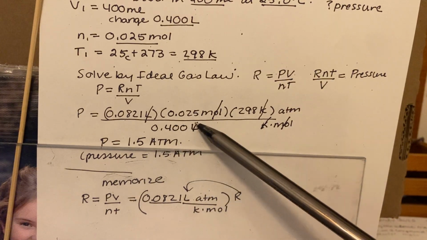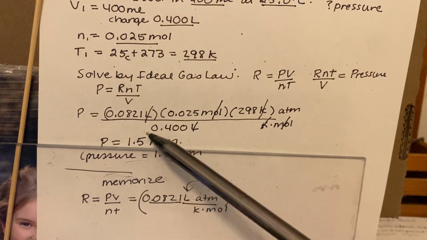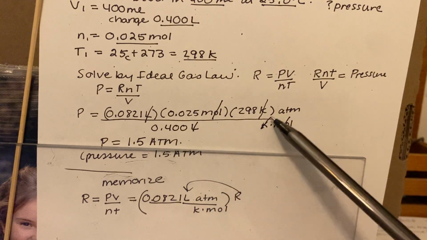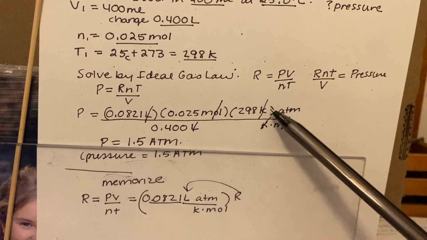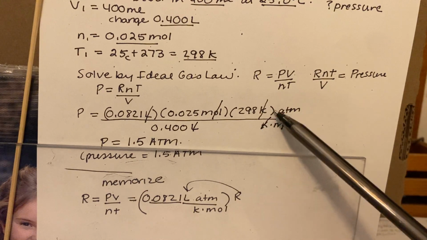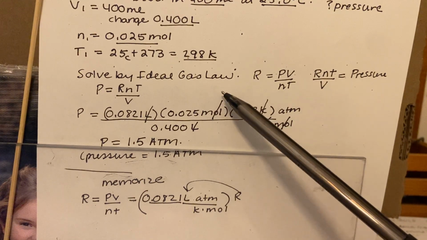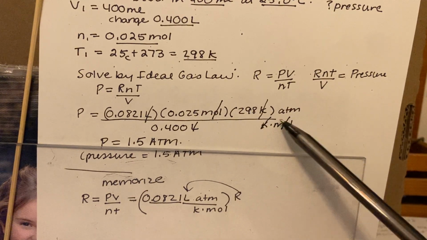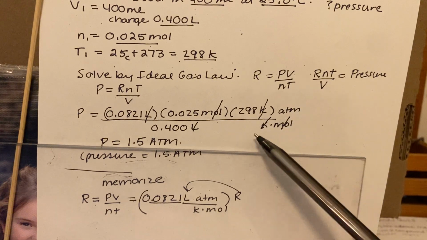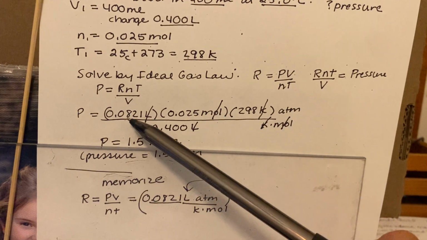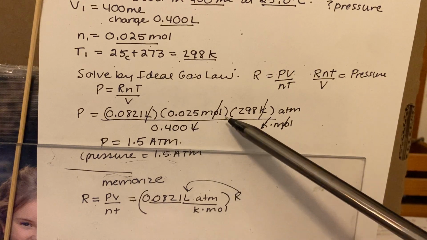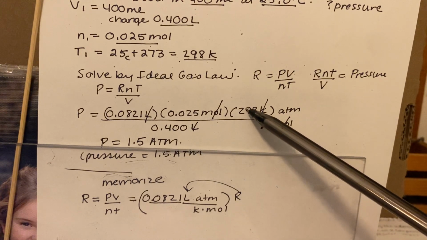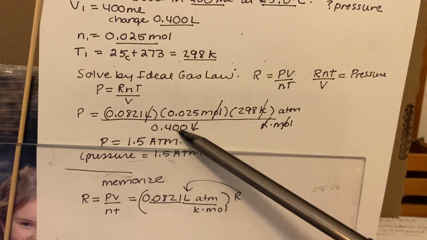First of all, we can cancel the liters here, cancel the liters here, and because it's K and mole, you can cancel the K and the K here, and the mole you can cancel, and the K you can cancel here because that's part of the equation. So here we just have to multiply this number by this number by this number, and then we're going to divide it by this number.